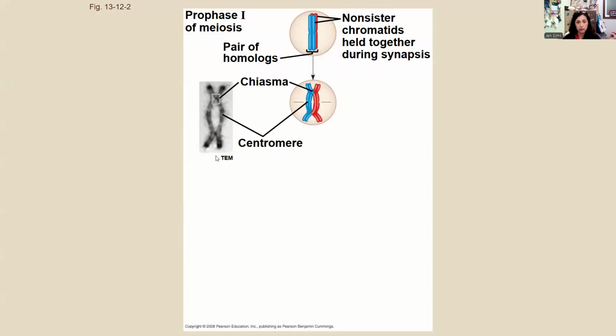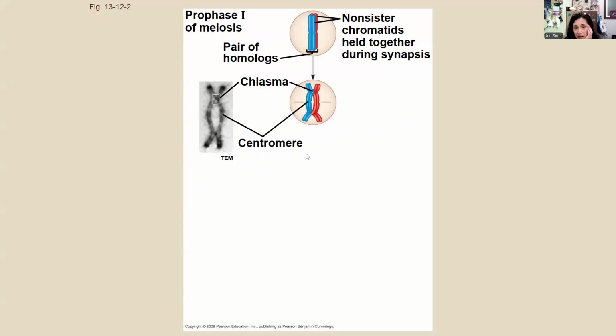Now, look, I like it when they do electron microscopy. Now, the centromeres, look at the little waists. So you can keep those straight. They form the little X's, the chiasmata. And then at the chiasmata, that's where the swap occurs. So you literally just swap that chunk. It could be a tiny little bit. It could be a bigger chunk. It's random, okay?